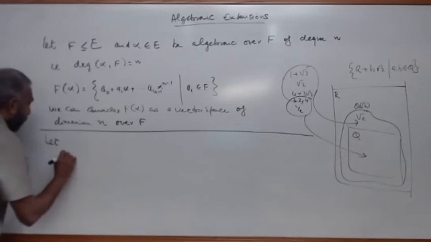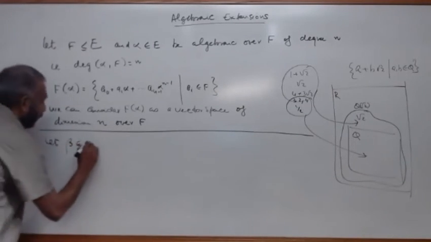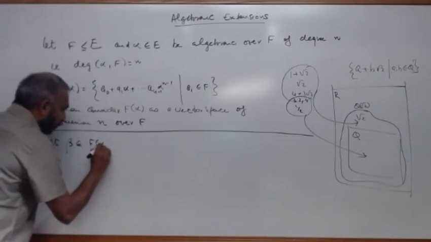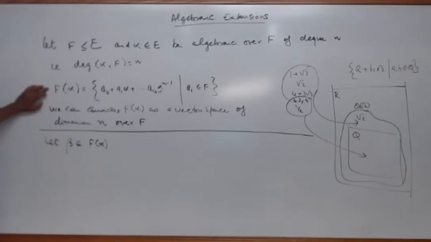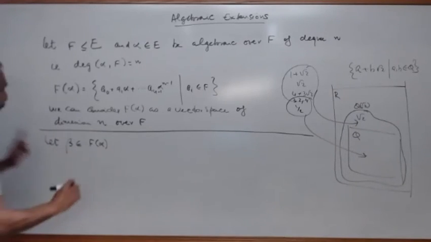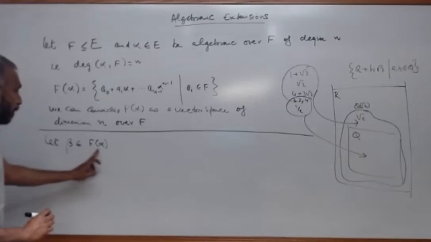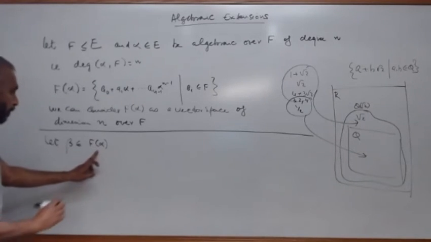Let beta belong to F(alpha). What can you say about beta? Can it be transcendental, or does it have to be always algebraic?